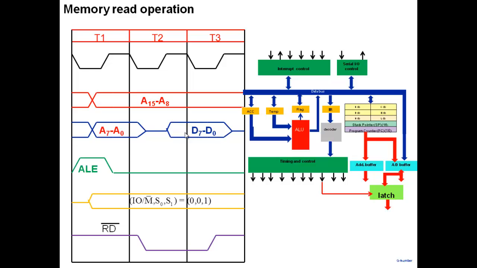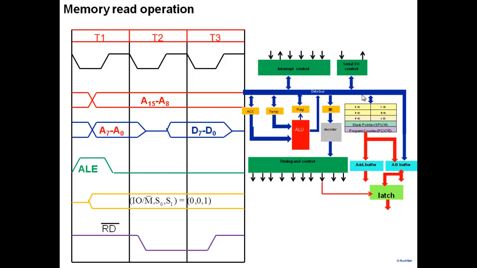These are not very precisely drawn. So effectively, note that the read signal goes low here, and the data becomes available in the T3 state. Data is available on this bus here in this particular state.